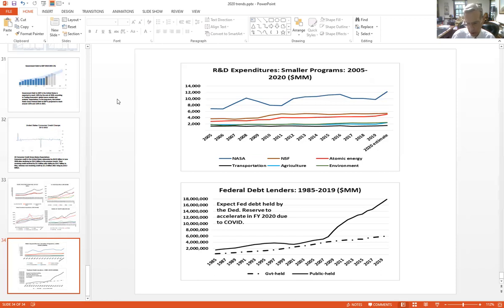But what's important is what the shape of this line has done in recent years. Since about 2009, you can see that federal debt held by the public has moved from something like $6 trillion to $18 trillion. Folks, that's pretty rapid growth in the space of a decade.